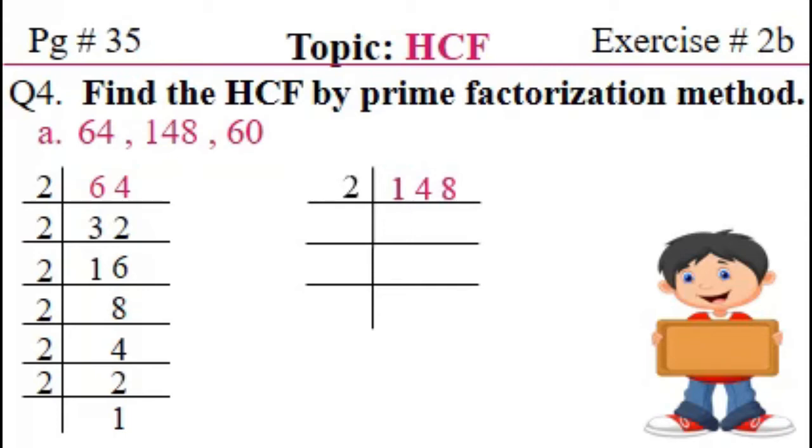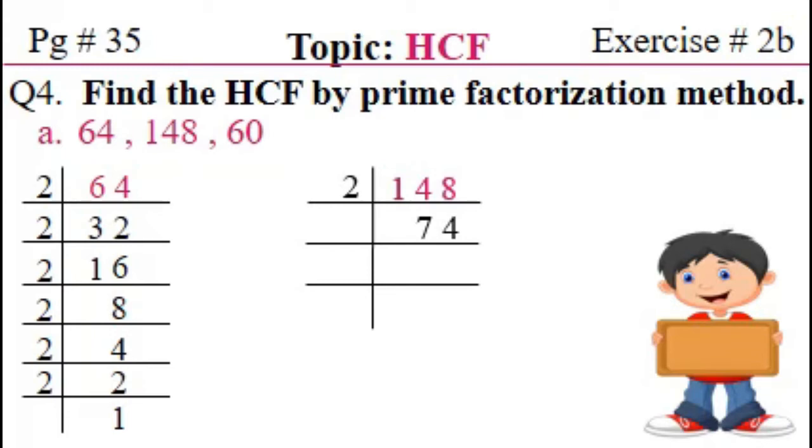So, we can write 2 over here like this. 1 is smaller than 2, therefore we will consider the first 2 digits. So 1 and 4 becomes 14. So 2 times 7 is 14. And the next digit is 8. So 2 times 4 is 8. Now we have got the number 74.